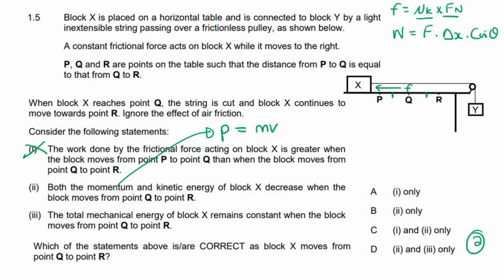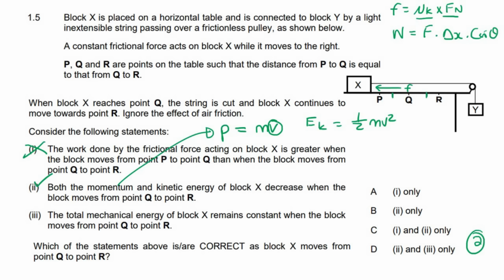Okay, so this value is going to decrease. Then kinetic energy is equal to a half mv squared, and the v is going to decrease. So both momentum and kinetic energy will decrease as we go from Q to R because the block is going to slow down. Because the only force acting on it from Q to R is friction. Okay, point number 3. So this point is correct.